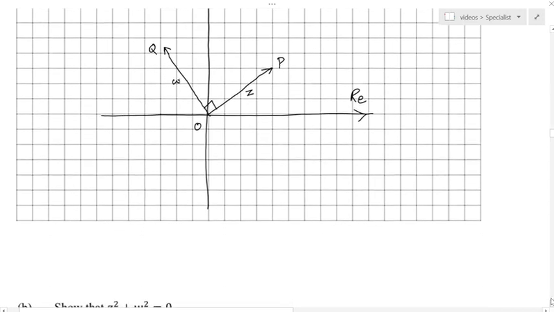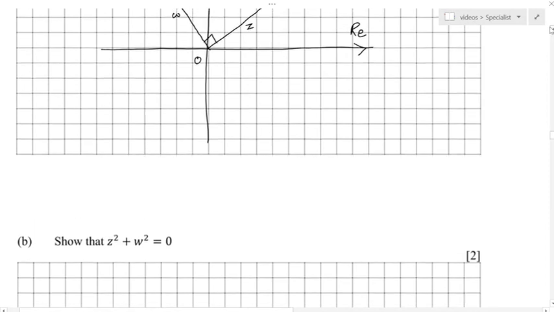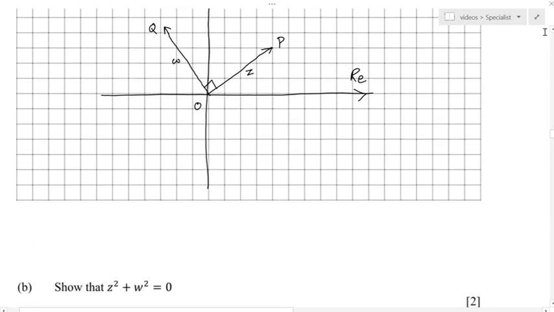Now, next part is, it says that you need to show Z square plus W square equals 0. Now here you need to think, there's nothing given there. You want to use a complex number. The topic is complex numbers, and you got a complex plane here, but no complex number is given other than this information. So before you can do any kind of operation to come to this conclusion, you need to have the values of Z and W. That's the starting point.